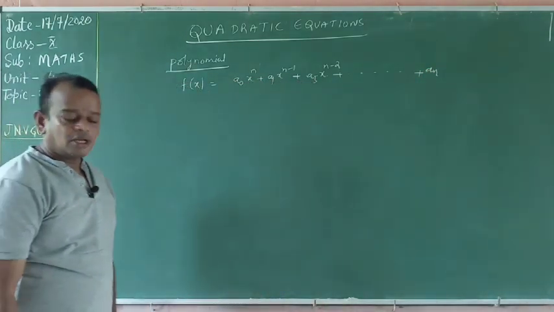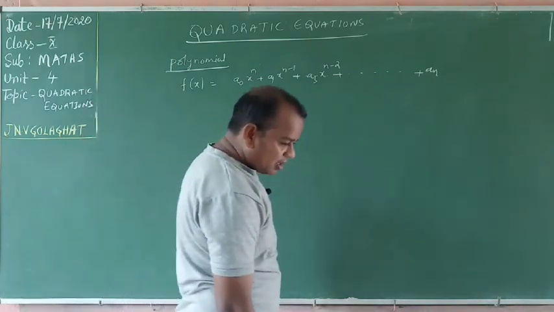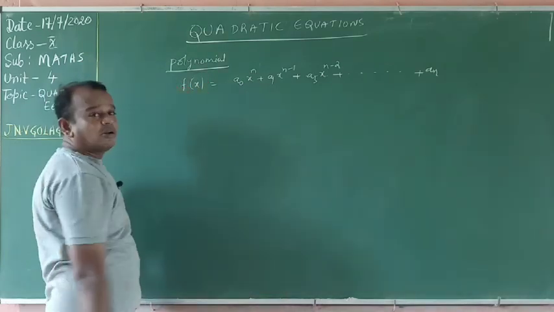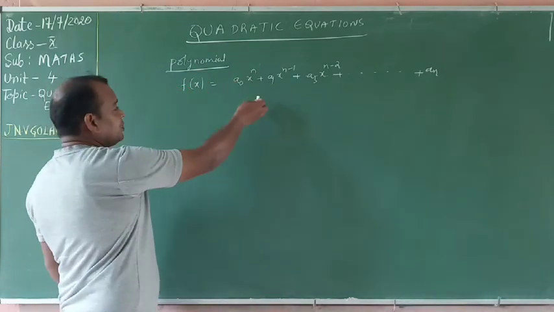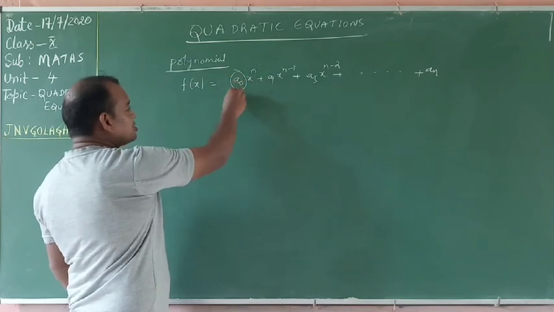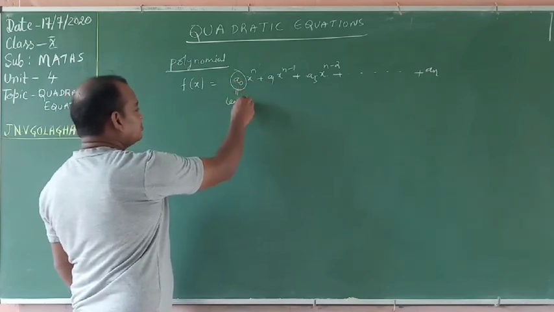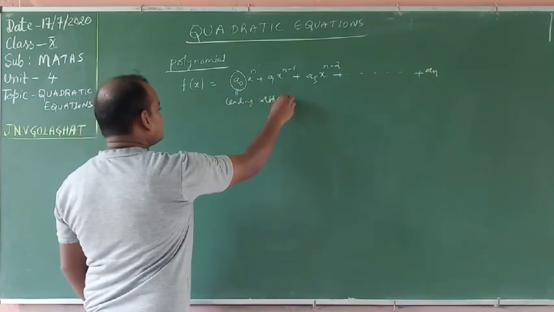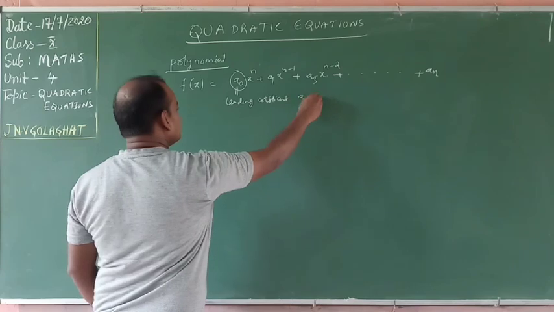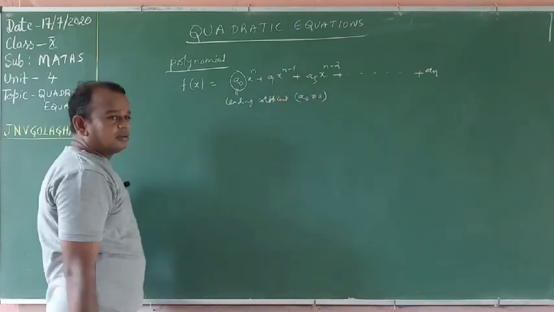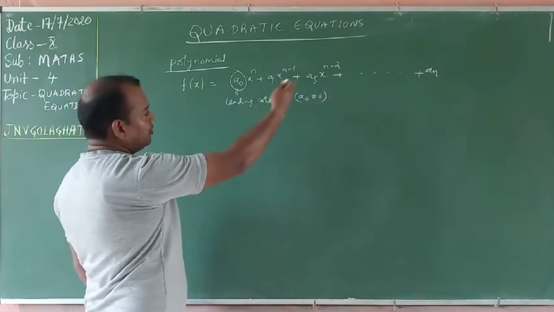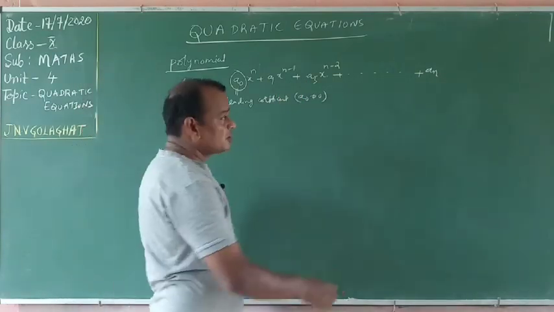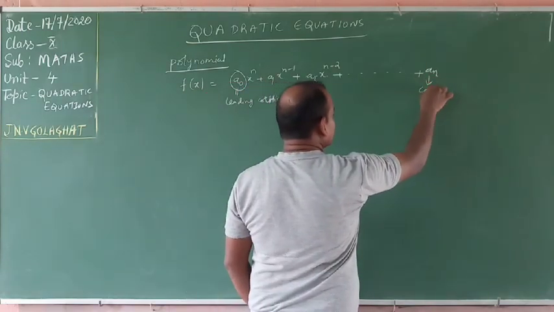This is called an nth degree polynomial in the variable x, where a0 is called the leading coefficient. The leading coefficient is always not equal to 0. And a1, a3, so on, an are called real numbers or complex numbers. The last, an, is called the constant term.